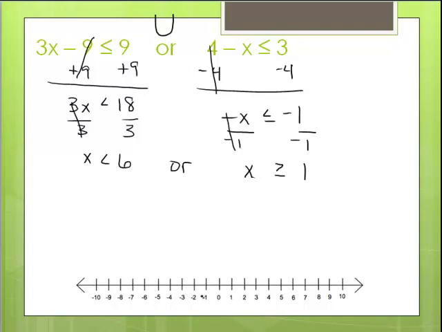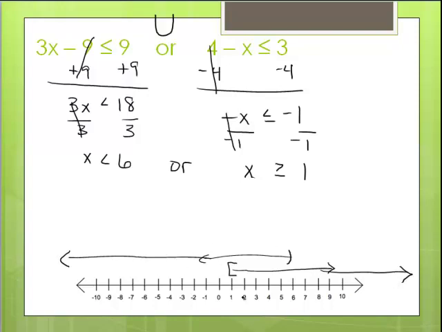X is less than or equal to 6 looks something like this, starting at 6. X is greater than or equal to 1 looks something like this. So if we want the union of those two, we want everything in both sets. This continues to go on and on forever this way, and this one continues to go on and on forever this way.